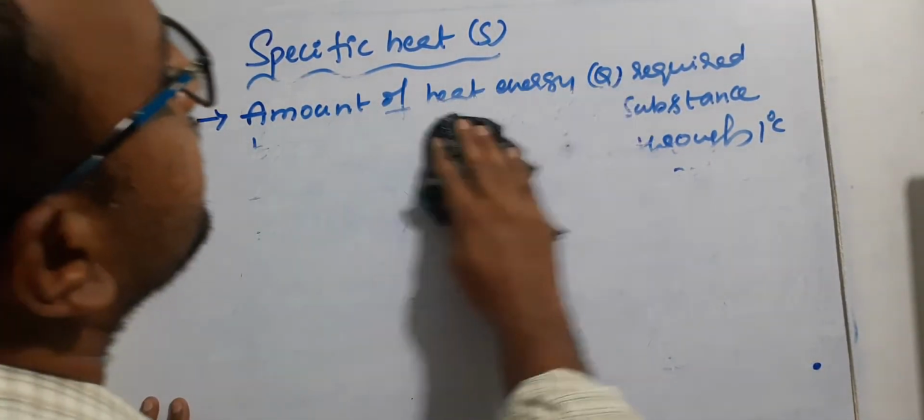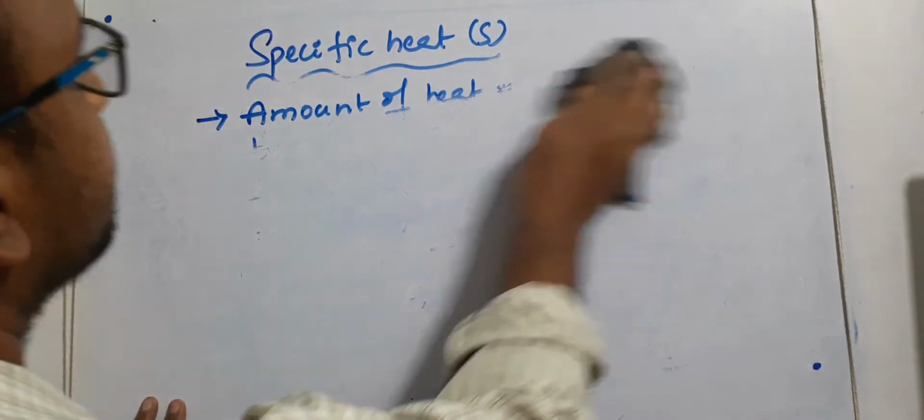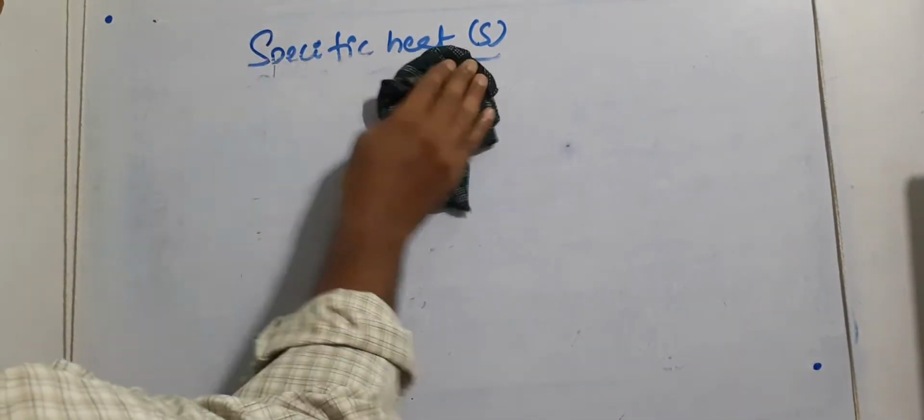The amount of heat energy required by a unit mass of a substance to raise its temperature through 1 degree Celsius is called specific heat. It depends on the nature of the material.